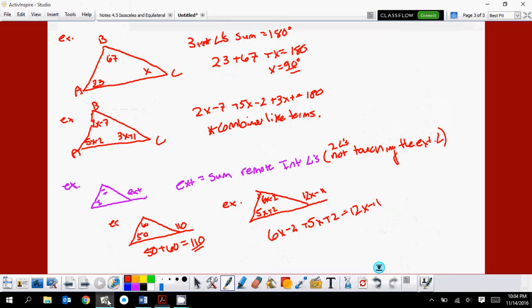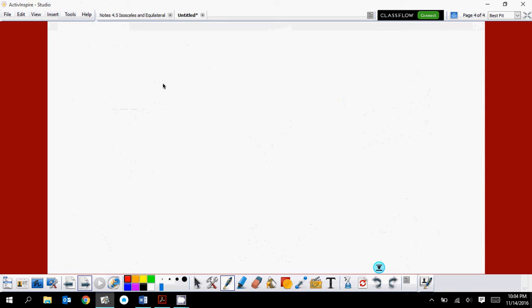So I'm going to get a new slide here so that we can look at this stuff. When you are trying to add marks to a diagram, you can't just add marks for no reason.